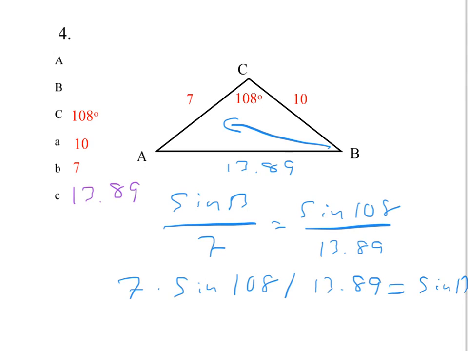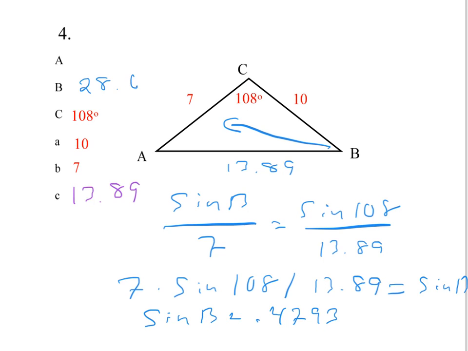I get that sine of b is equal to 0.47993. We're going to throw that into our calculator using the inverse sine, and I get that angle B is 28.64.